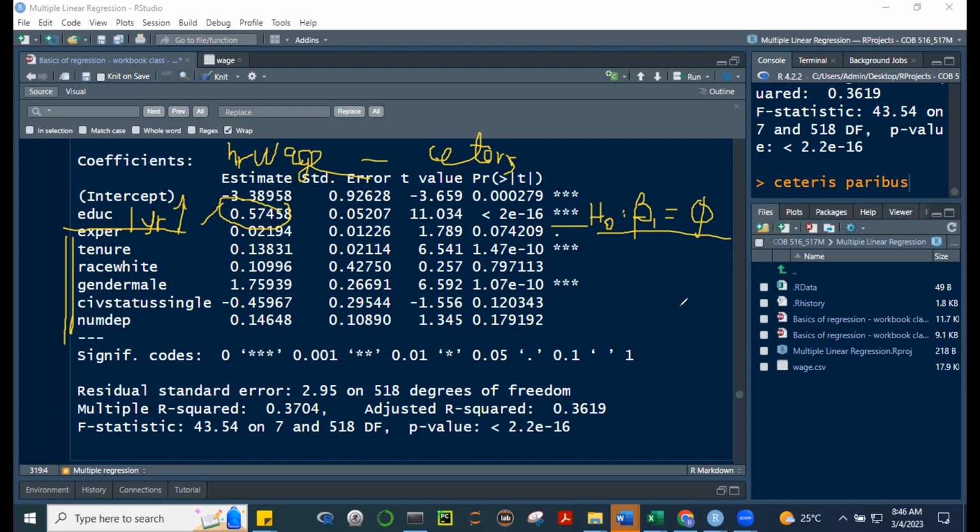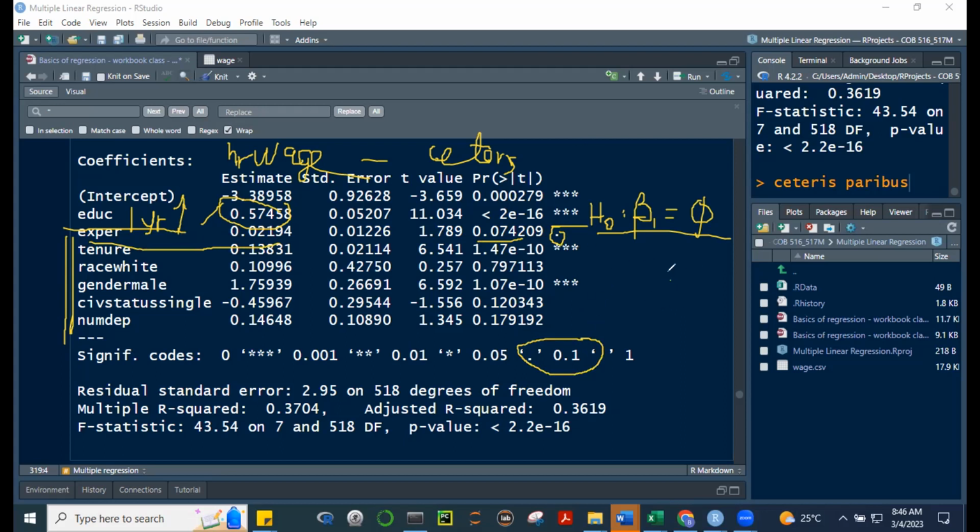So we're not going to increase education, experience, tenure, etc. Okay. So let's go to the other variables. Itong experience, 0.02. Notice that the p-value is 0.07 and it has 1 dot here. So this means that it is only significant at 0.1, 10%. However, even before we start with the regression model, we already make certain assumptions.